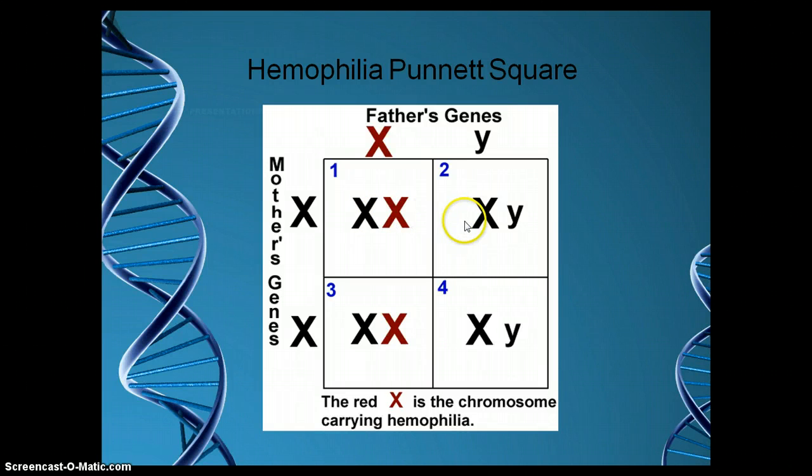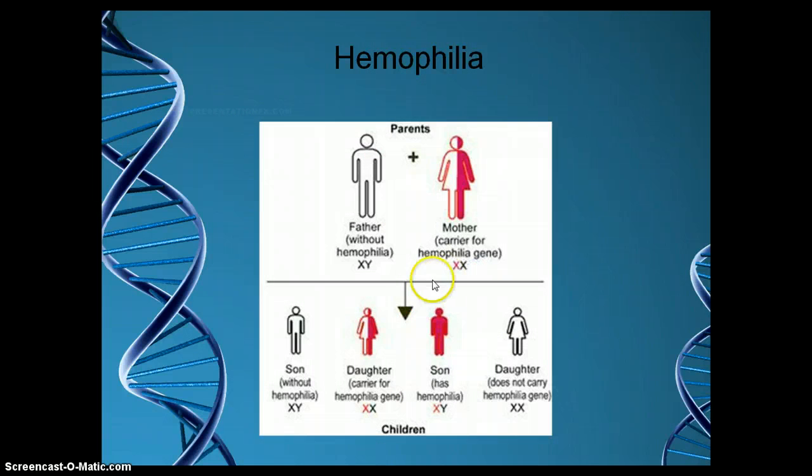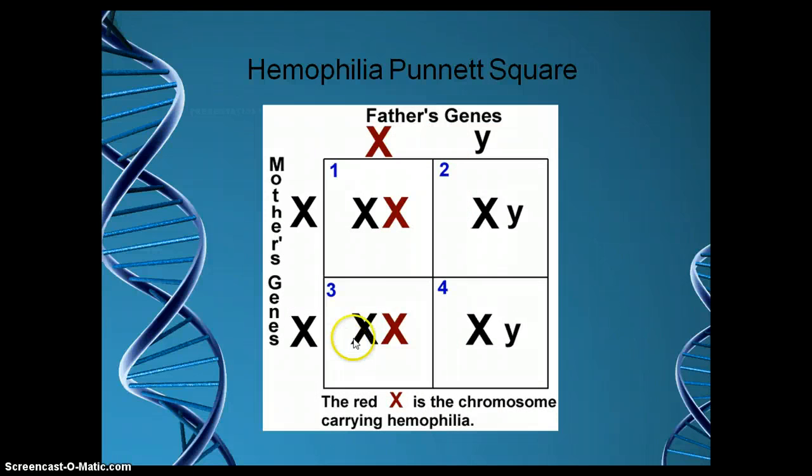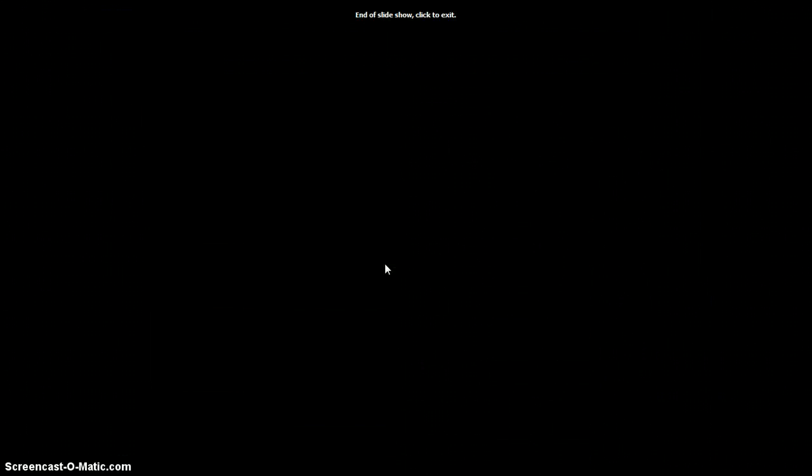So we have in this case two normal offspring children, and if you look back at the other one, when we have an X that's affected and an X that's not, then that person will be a carrier. So when these two parents come together and produce offspring, the two males will not be a carrier and not show the disease. The two females will be carriers for hemophilia.